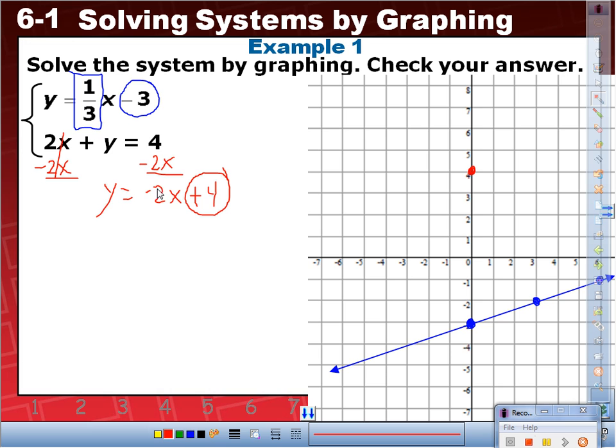My slope says negative 2, but we need to write it in fraction form, so this is 2 steps down and 1 to the right. I start here: 1, 2, 1 to the right. There it is. I repeat that a few more times, and then let's graph our line in red.